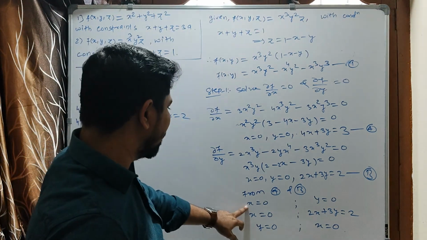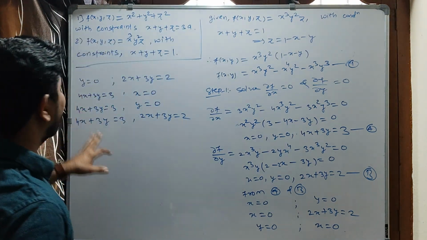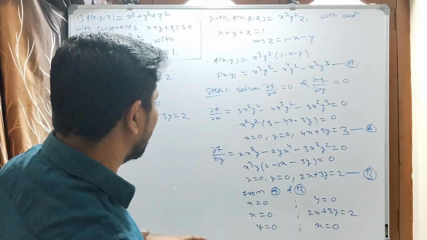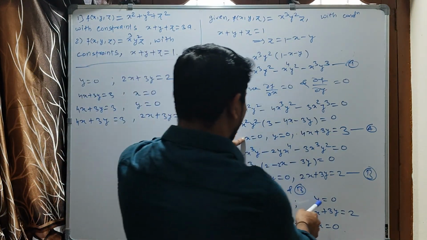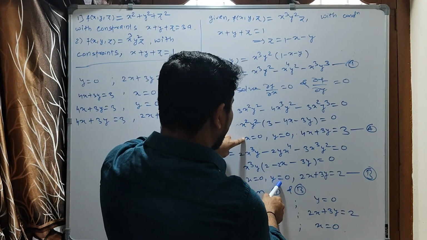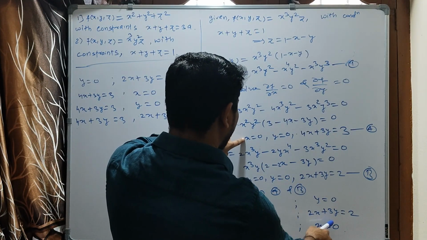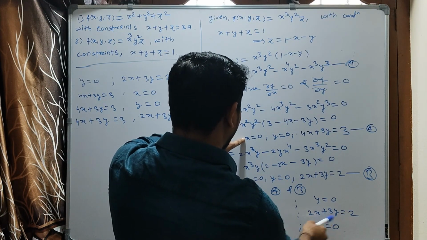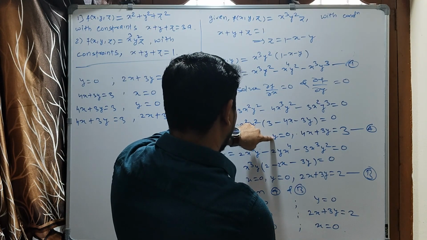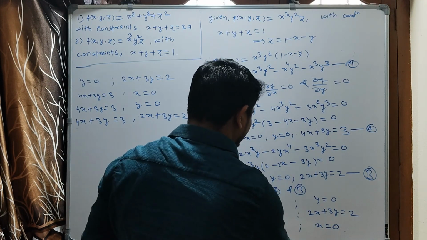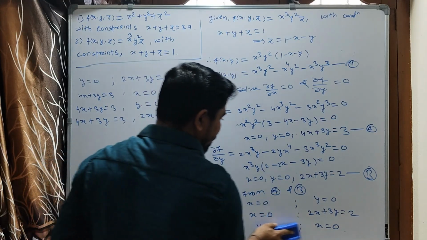Therefore you will get the pairs. When x is 0, y is 0, this is one pair.